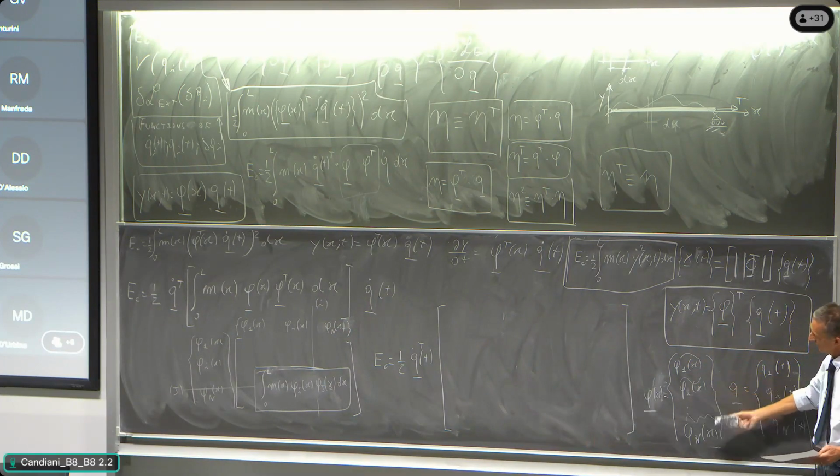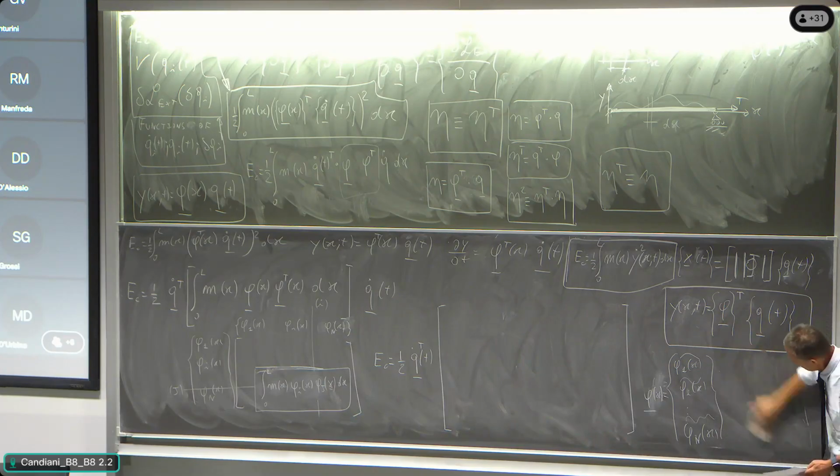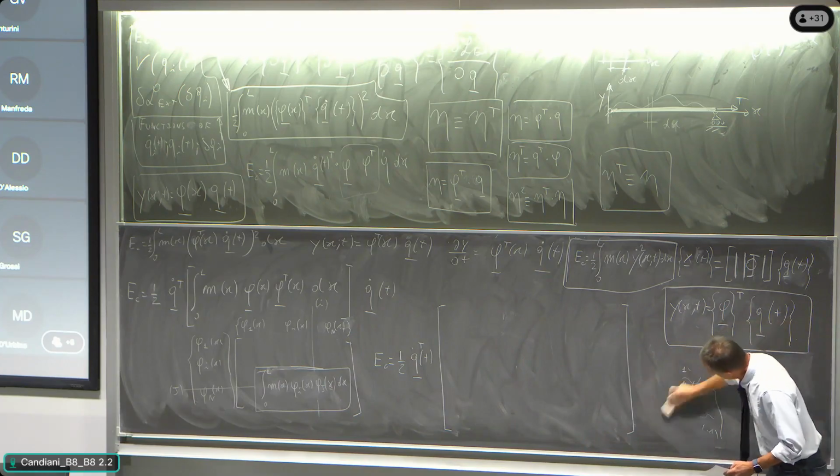The vector phi is clear, it is the vector of the eigenfunctions. The vector q is the vector of the principal coordinates that are the unknowns of the problem.